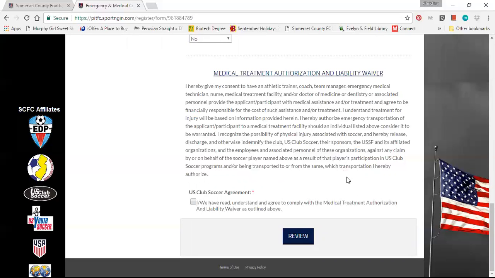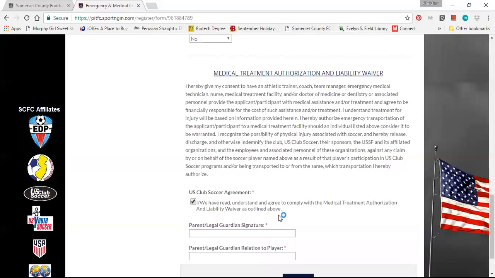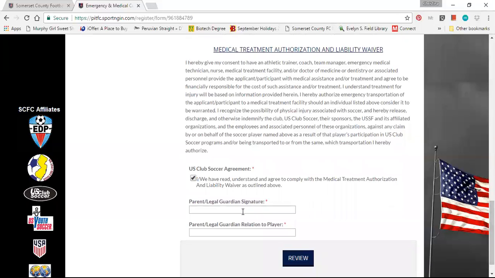So it is important that you read and sign this. It is always required whenever we're doing registrations. Yes, your child is insured by US Club Soccer on top of your insurance. So that's definitely something that you need to be familiar with. We make sure that your child is safe and has the ability to get treatment in the event of an emergency.